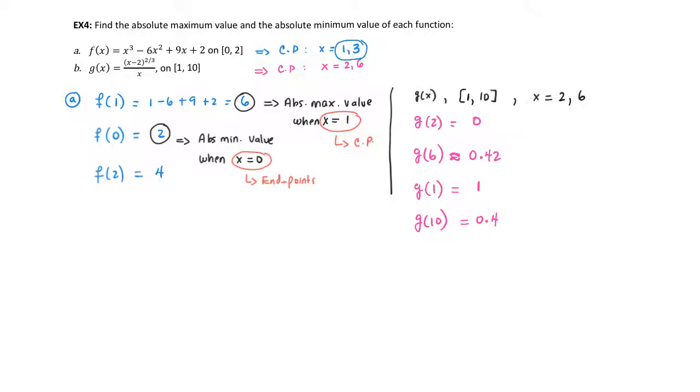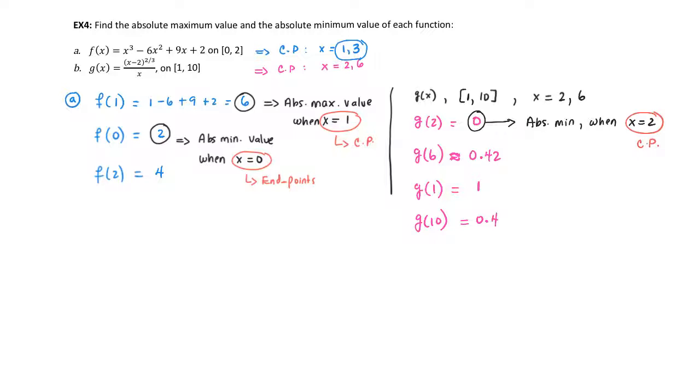So now we can see that 0 is the smallest y value. So this becomes the absolute minimum. And that happens precisely when x is equal to 2. And if you notice nicely that x equals 2 is precisely a critical point.